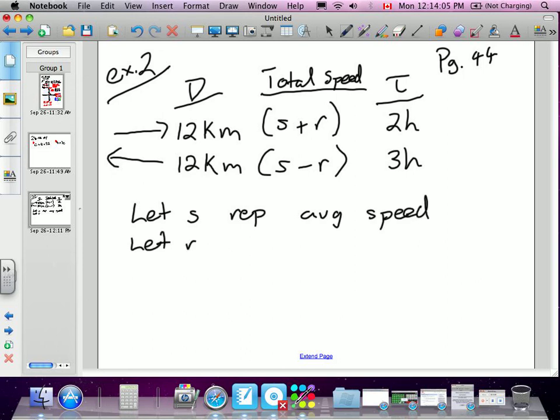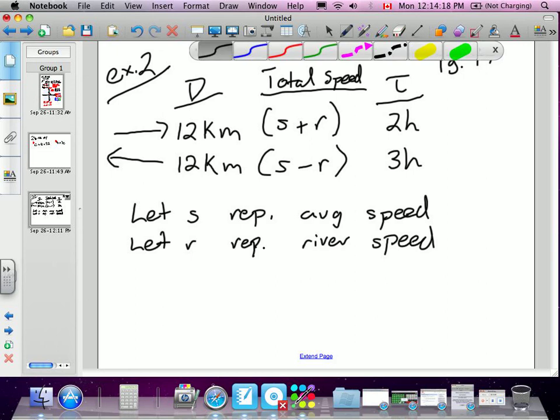So when we go to set up this equation, whenever we're doing traveling, your total distance is equal to your speed times your time. So distance equals speed multiplied by time. Now we've set this up. We know our total speed is going to be this, and our time is this.